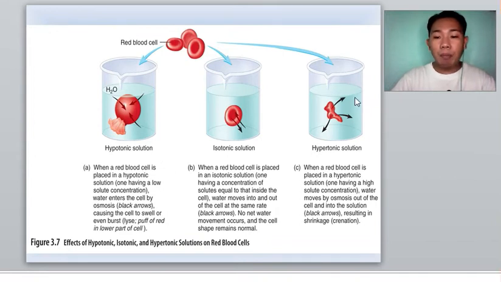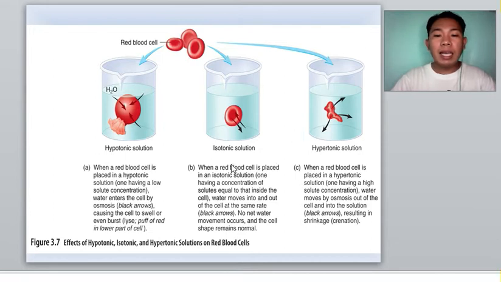In a hypertonic solution, when we add a red blood cell, the one having a high solute concentration, water moves by osmosis out of the cell and into the solution, resulting in shrinkage of the cell.